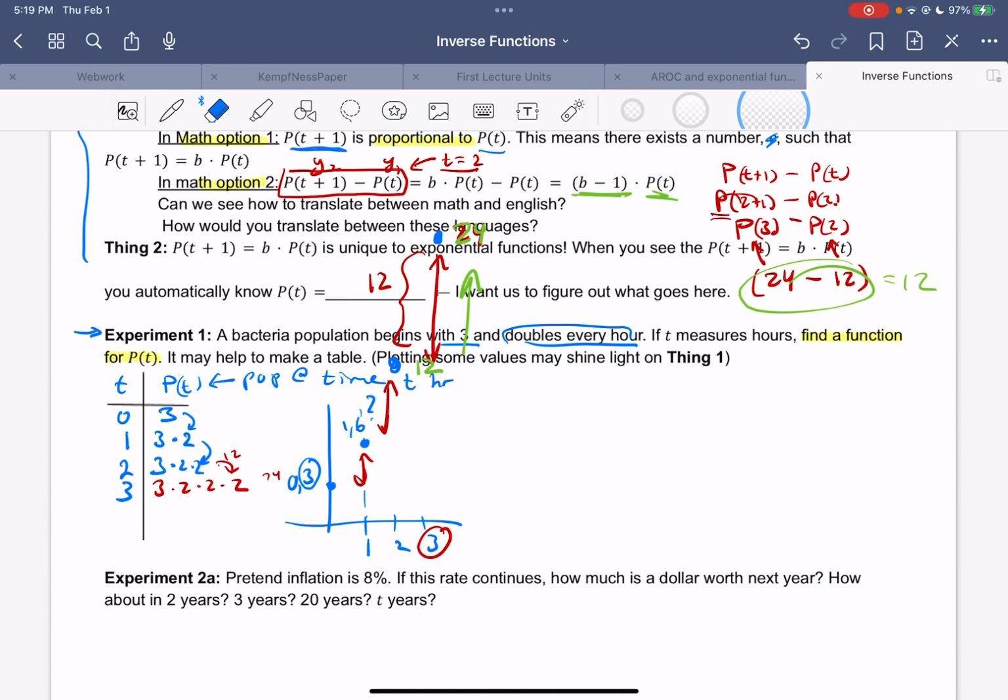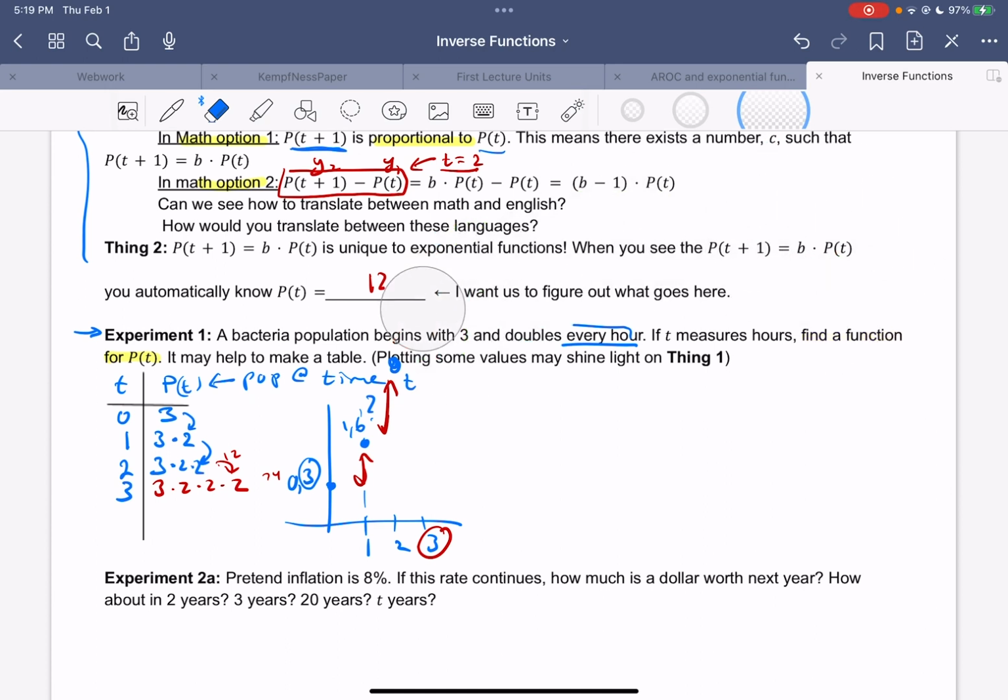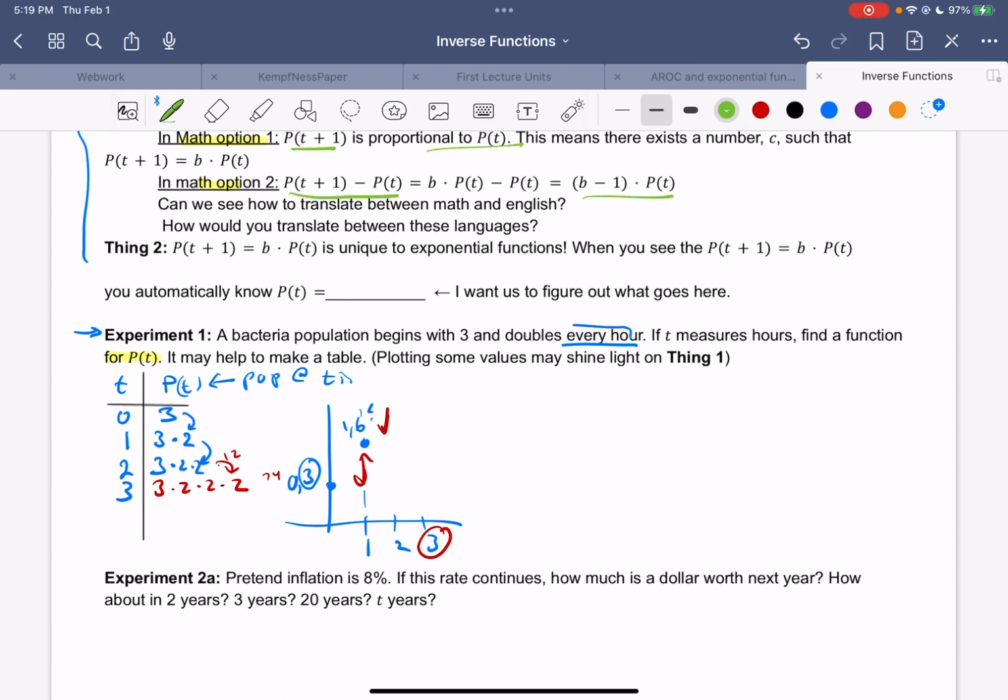So exponential growth is when the next y value is proportional to where you are, or you could say the change in y values is proportional to where you are. And notice the constant of proportion changes. That's just from algebra. I literally just subtracted p of t from both sides.